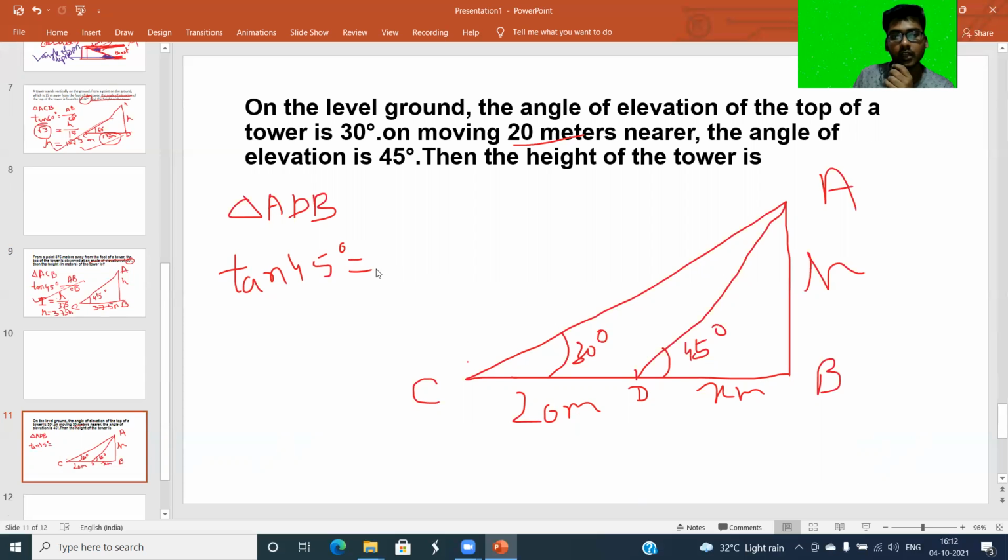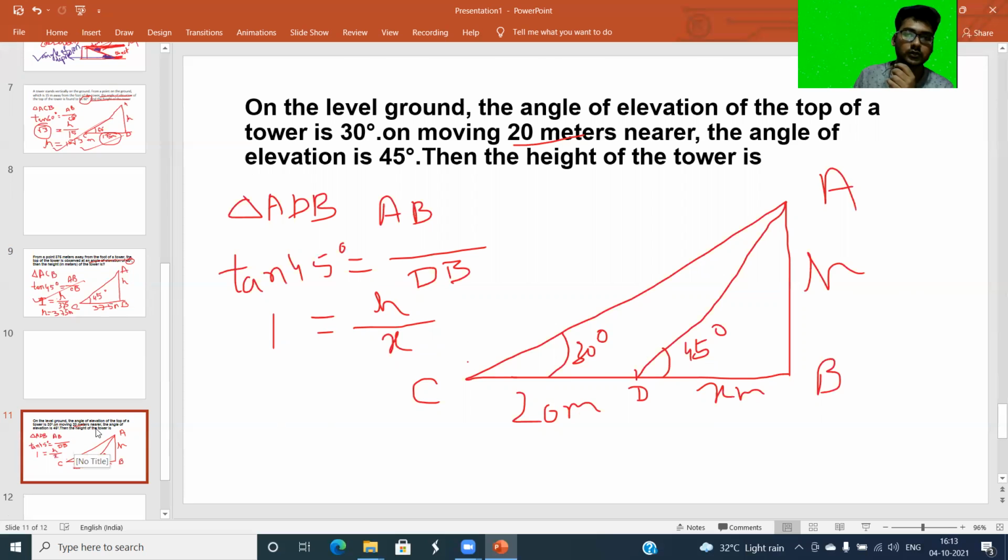Tan 45 degrees means AB by DB. Tan 45 degrees is 1, AB means H, and DB means X.